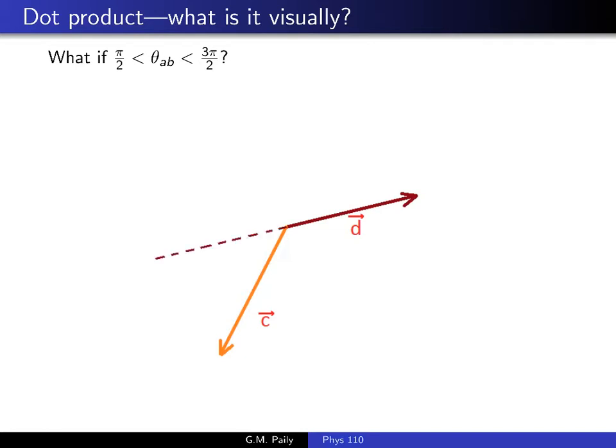We first create a dashed line that has the direction of D, and now we find the projection of C onto the line of D. Once again, since we are projecting onto the line of D, we draw the projection line which is at 90 degrees to the line of D. Again, this ends up being C dot D hat.